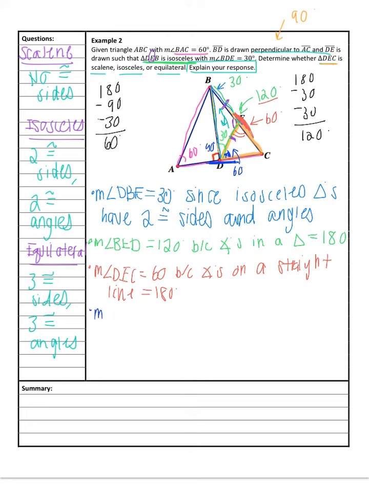So the measure of angle, we can call that EDC or CDE. I'm going to go with EDC equals 60. And it's for the same reasoning as up above. Since angles on a straight line equal 180.